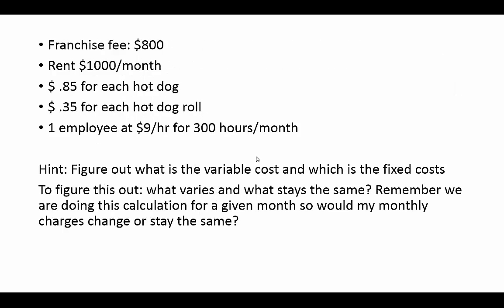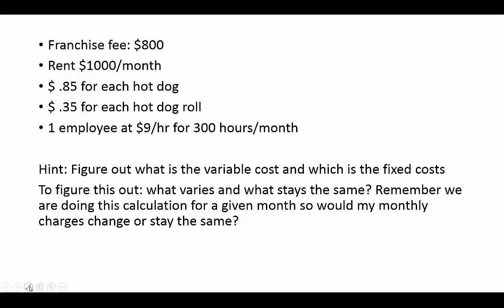Here, we have a few things that change by goods sold, and things that stay the same month to month. Our 85 cents for each hot dog and our 35 cents for each hot dog roll depend on how many units we sell each month. So that gives me a hint that maybe it is a variable cost, whereas the rest are going to stay the same month to month.